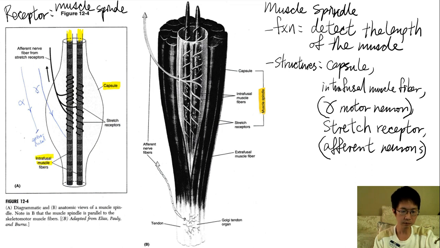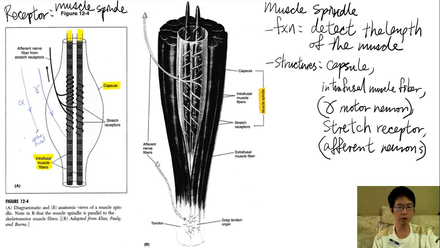What is intrafusal muscle fiber? Intrafusal muscle fibers are also skeletal muscle. They also have a sarcomere, dark and light band. And we can also control the length.